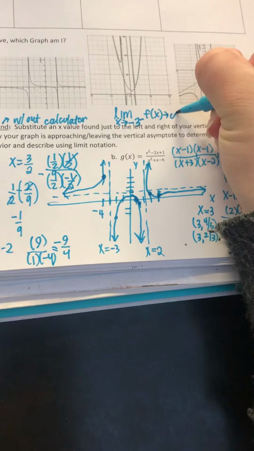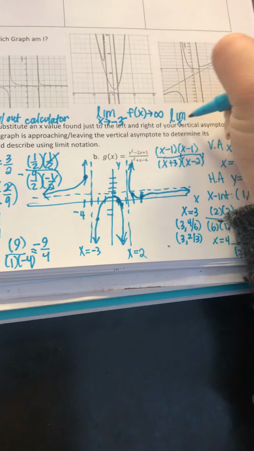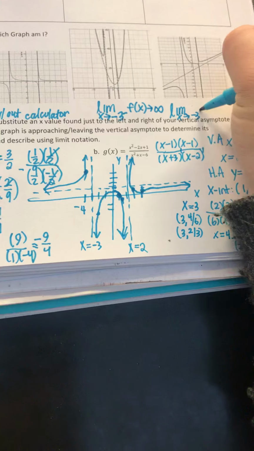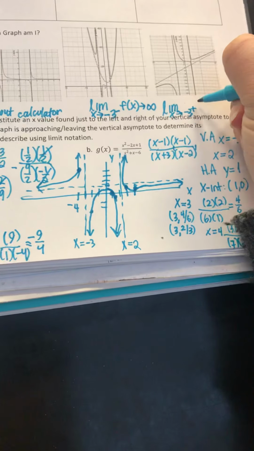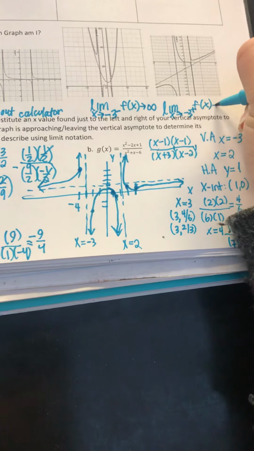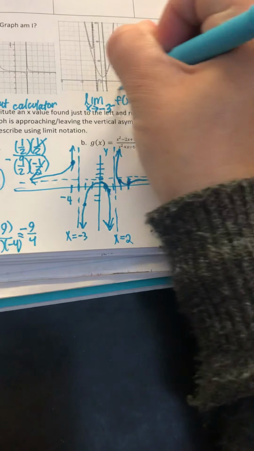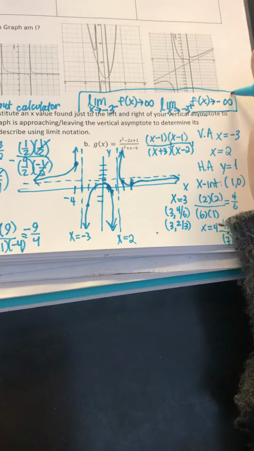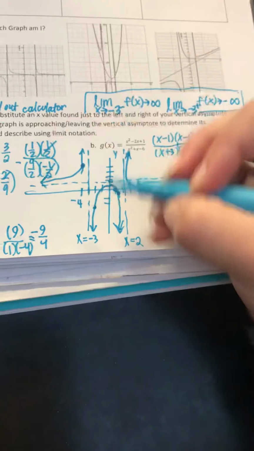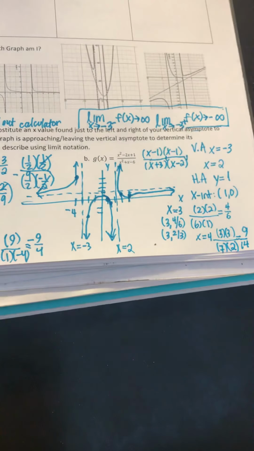You want to say positive infinity. But the limit as x goes to negative 3 from the right side, f of x is going to negative infinity. So that's the end behavior, but we don't actually call it end behavior because it's not happening at the ends, it's happening at the asymptote. So this is called vertical asymptote behavior.